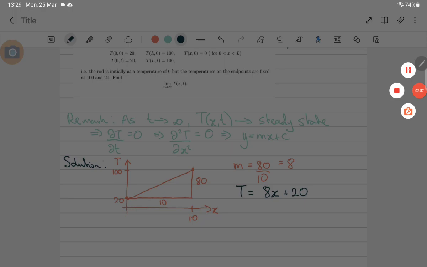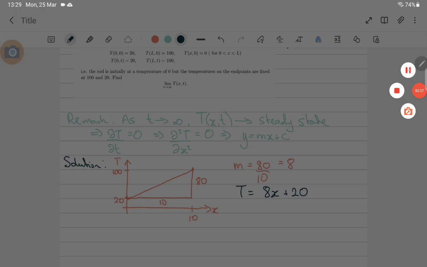The distance, I think, is 4. So we get a slope of the rise, and because it's going down, the rise is negative, minus 40, over the run, which is 4. That's minus 10. So temperature is equal to mx plus c, that is minus 10x plus c, where it cuts at 100.